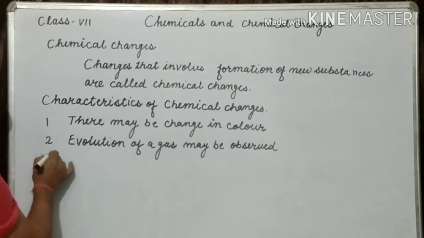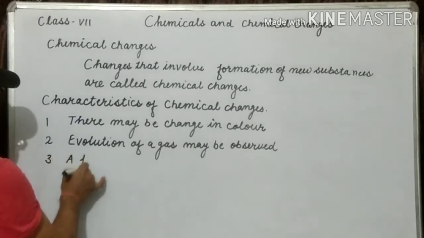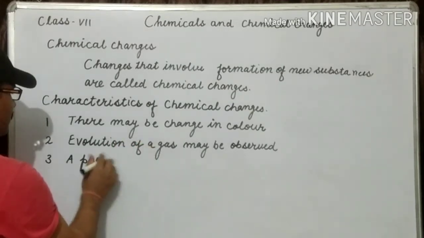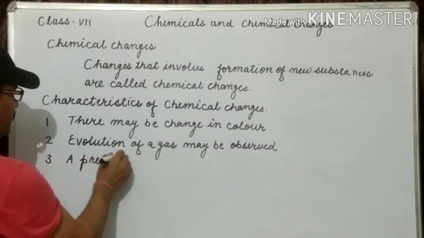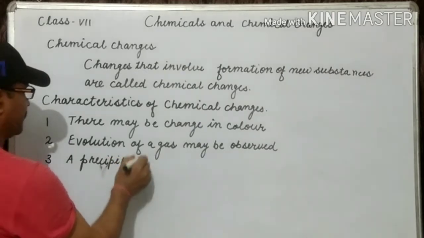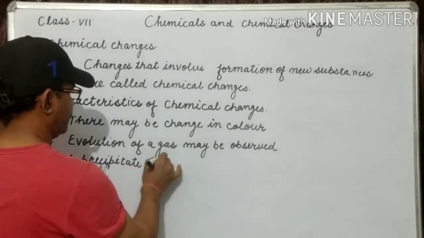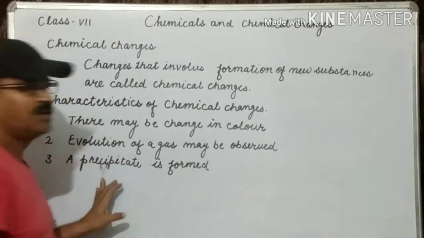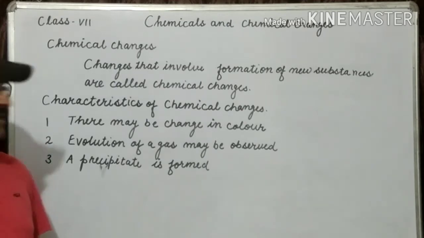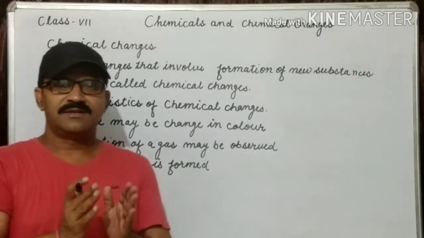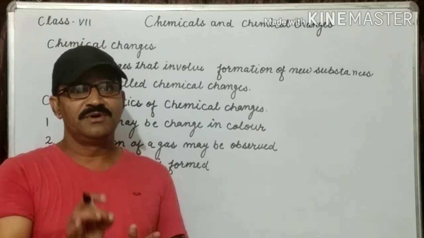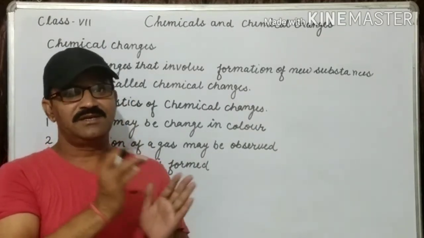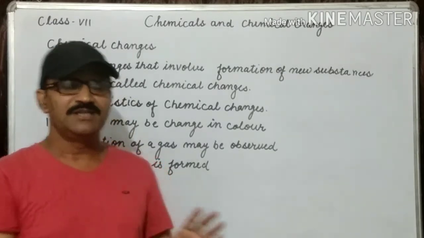Next, third is a precipitate is formed. What do you mean by precipitate? The solid substance that is formed from a liquid is called the precipitate.